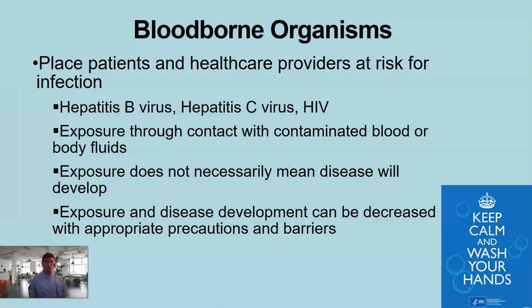If exposure occurs, several steps can be taken to decrease the risk of developing the disease you were exposed to. These steps vary by individual institutions, but anyone who is exposed to a blood-borne pathogen should have baseline laboratory work completed to check, again, for the disease that they were exposed to.